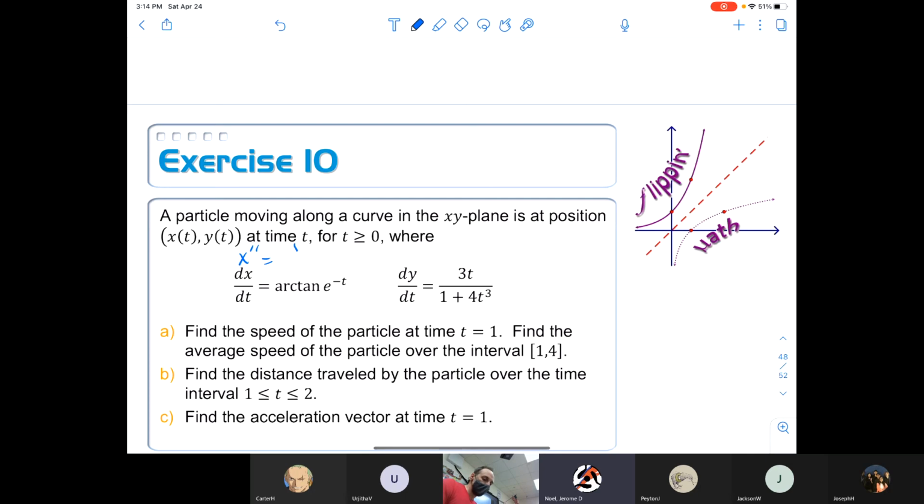One over... negative, one over one. Yes, there you go. Negative e to the negative t, e to the negative t squared.